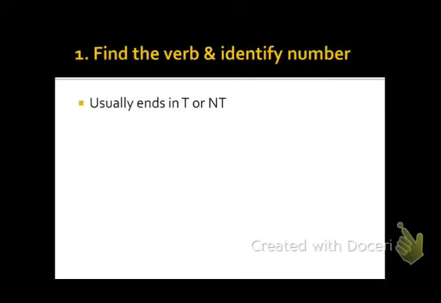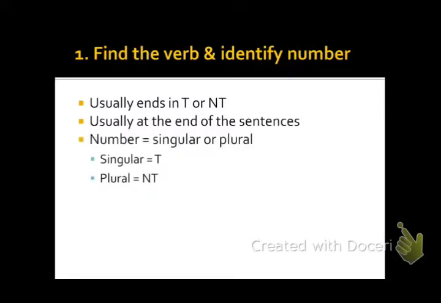So, for our example, first step, you find the verb of the sentence and you identify the number. The verb usually ends in T or NT, with what we're doing right now. It's usually at the end of the sentence. And by number, I mean singular or plural, the number of nouns for the subject.